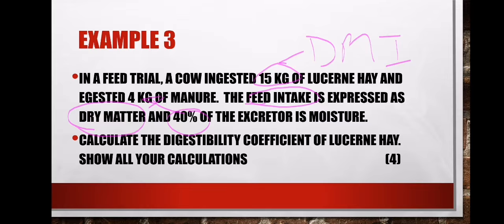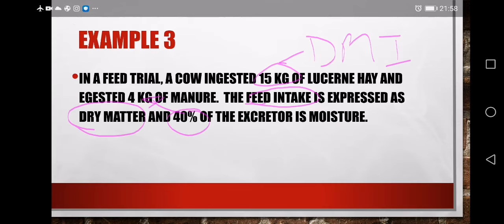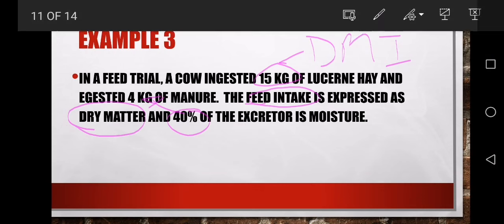Let's start here. Let me go back a little bit. We have said 15 kg for a dry matter intake. Now, let us check how we can get this one. Asibheke ukuthi lo 40% lo wenza how many kgs kulo 4 kg.